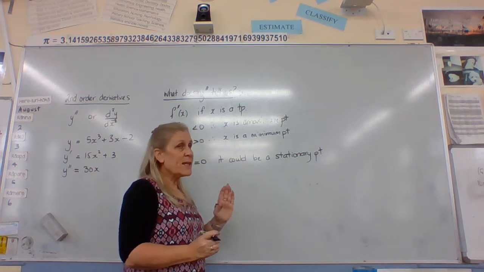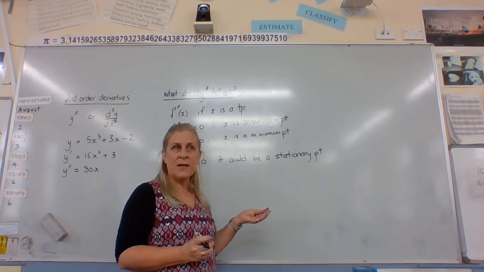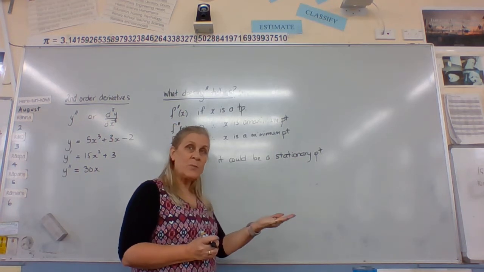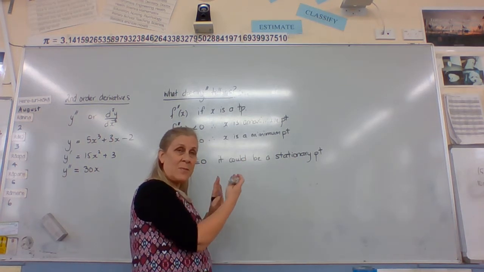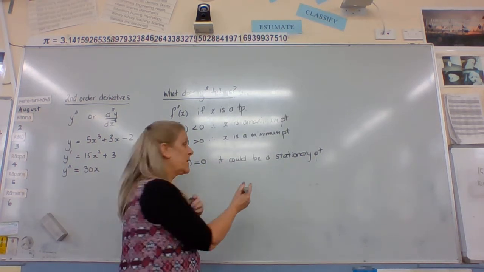We've got two choices here. We can think about the graph and what the graph looks like and make a decision based on that. Or we can test points very close, the a minus and a plus points, very close to this x that gave us 0.